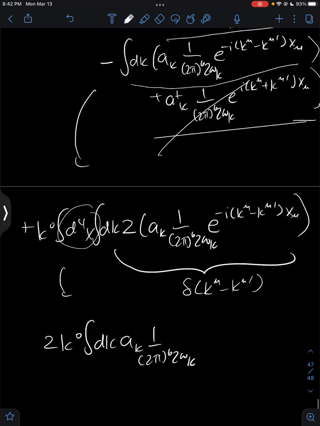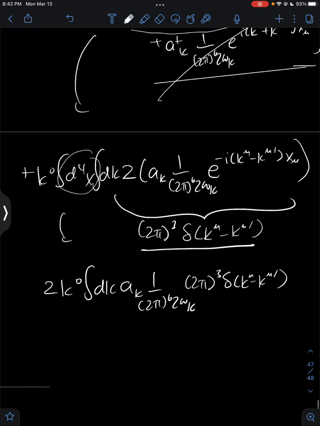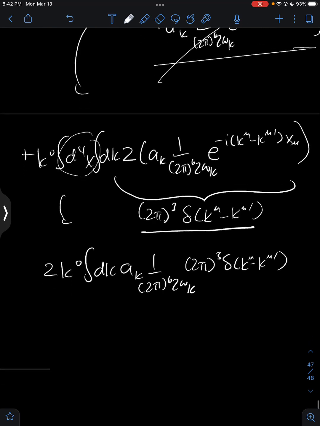And actually this is going to be (2 pi)^3, right? Times this delta function. It's just like integrating over the forward position. So this is going to give us a factor of (2 pi)^3 delta of k minus k prime, or k mu minus k mu prime. And then, yeah, that's just it.